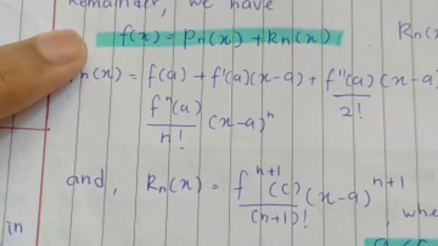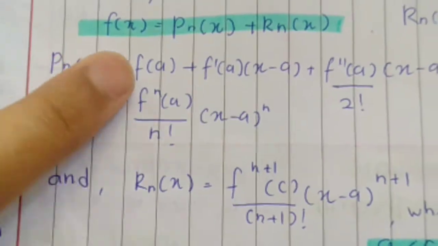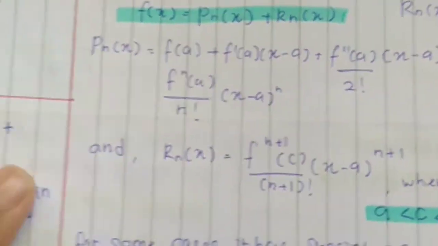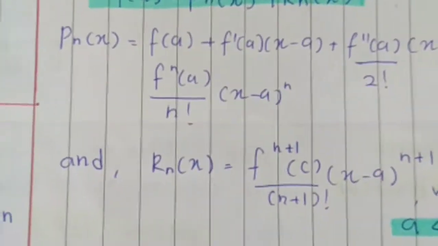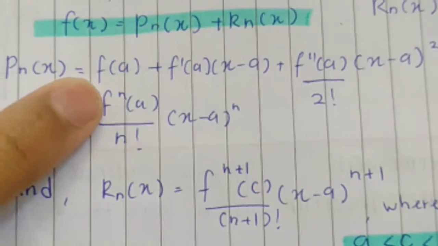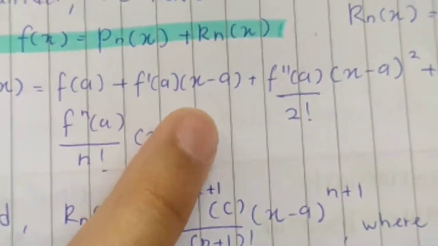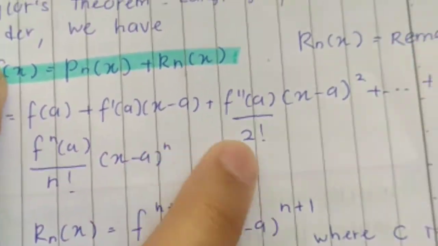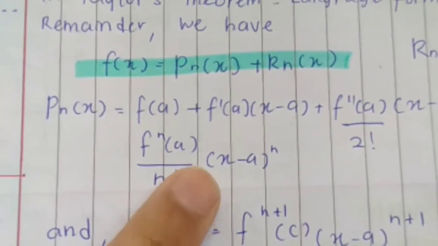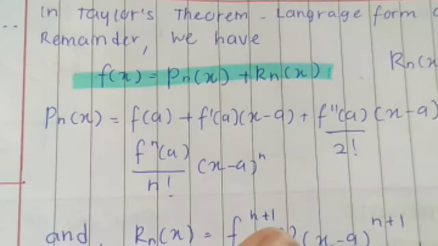Okay, in general, this is Taylor's theorem, which is f(x) equal to the polynomial P_n(x) plus the remainder. So we have P_n(x) equals this formula: f(a) plus f prime(a) times (x minus a) plus dot dot dot until f^n(a) over n factorial times (x minus a) to the power n.